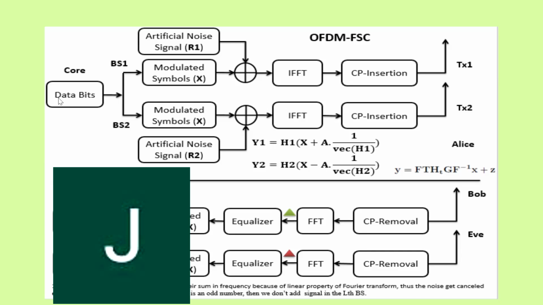So in this case, we have the data bits that we want to send, and then we modulate them. And the same data bits, we send them from 2 different antennas located at 2 different locations. And here in the frequency domain, before the IFFT process, we add an artificial noise signal called R1. And then we pass them together to the IFFT, and then we add the CP and pass them finally to the antenna.